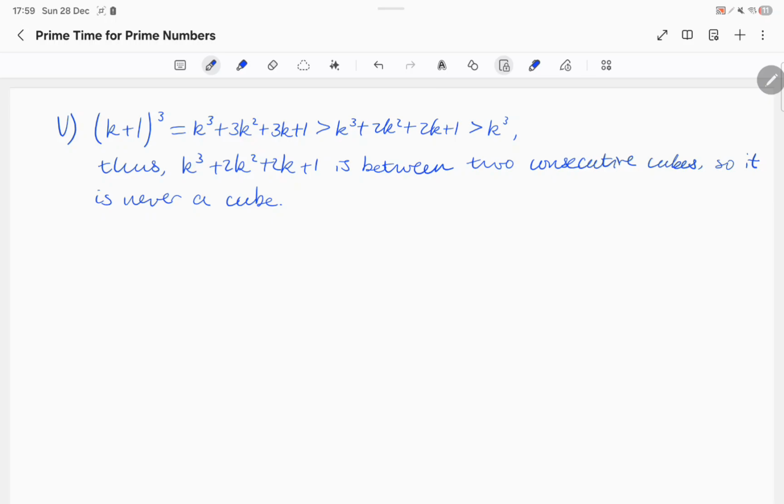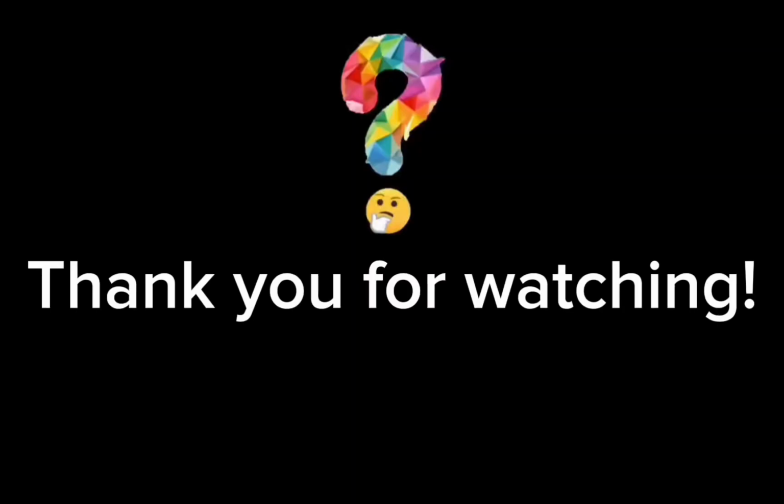Since k is a positive integer, our expression is also larger than k^3. Therefore, we have that k^3 + 2k^2 + 2k + 1 is between two consecutive cubes, and therefore it can never be a cube.